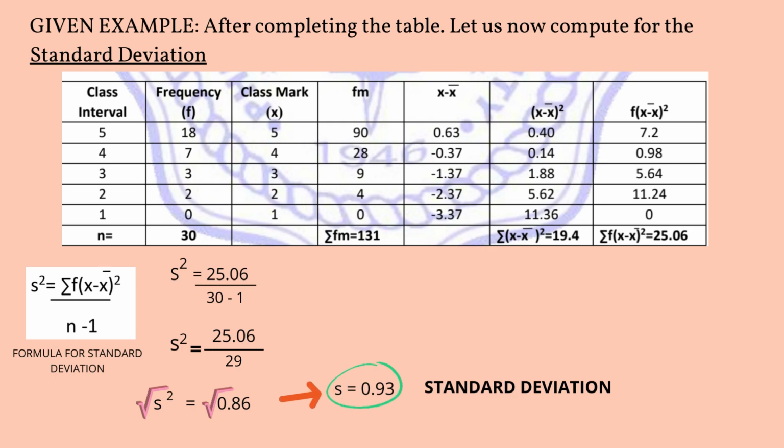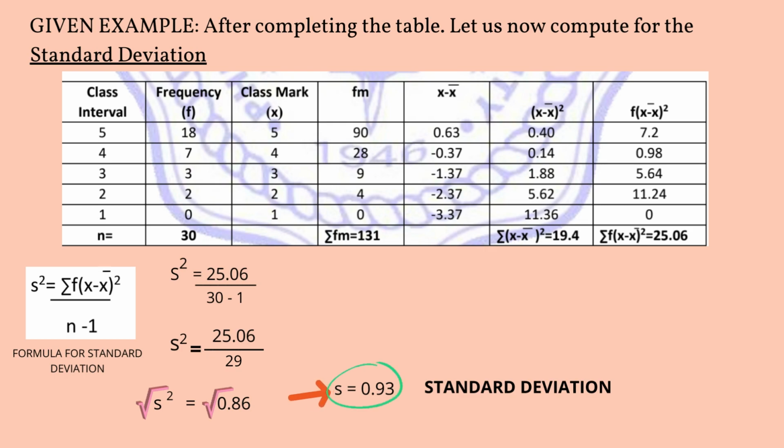So, nasaan siya? Nasa last na column. That is 25.06 over n. So, ano ba yung n natin? So, our n is 30. Okay? 30, ayan makikita natin sa table. Nasa frequency siya na column. So, 30 minus 1.